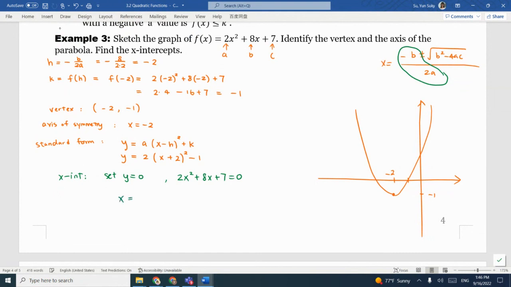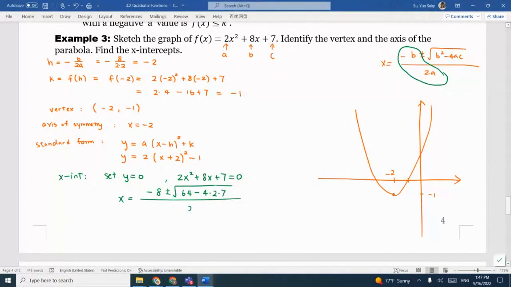So x equals negative b. What's b? 8, plus or minus the square root of b squared. 8 squared is 64 minus 4ac. A is 2, c is 7, over 2a. I made a mistake again.